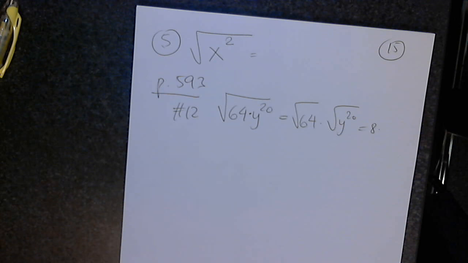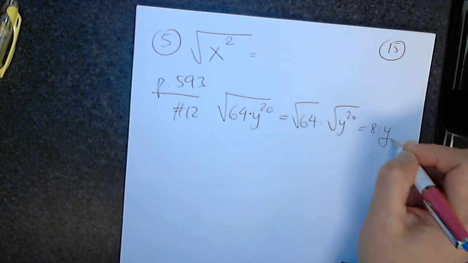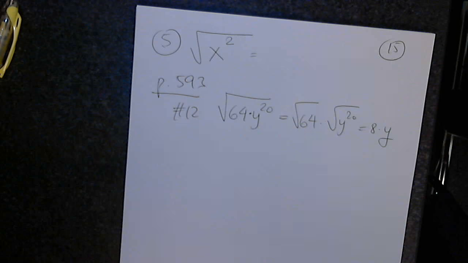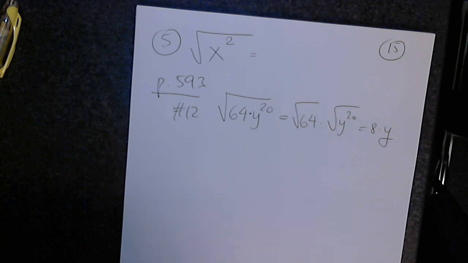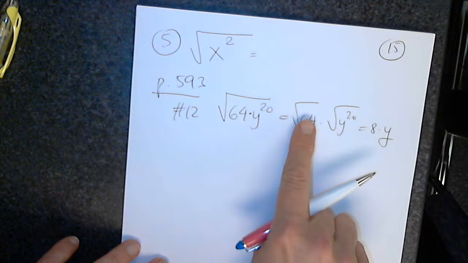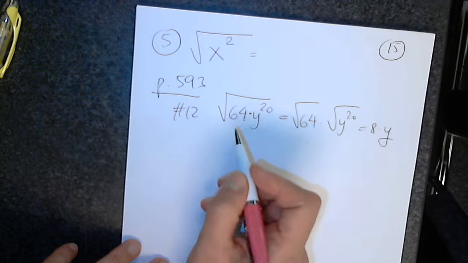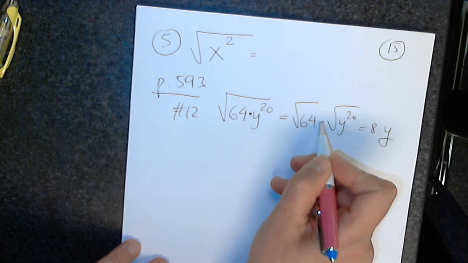And now I'm using another property which allows me to simplify a radical, because I know that any root can be written in exponential notation with a fractional exponent. So I will copy y, and now let's figure out the exponent. Is that 8 times 1? It's a product here.